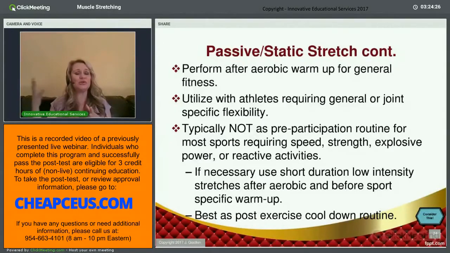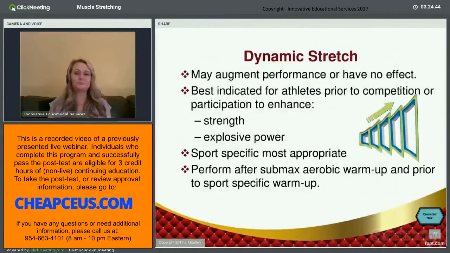Versus for our athletes, you're going to be utilizing the stretching as the cool down routine, or after discharge for a patient, after they have their return to wellness or return to function, or end of their work shift. After the muscle is warmed up, that's when you're going to utilize that static stretching for the individual.